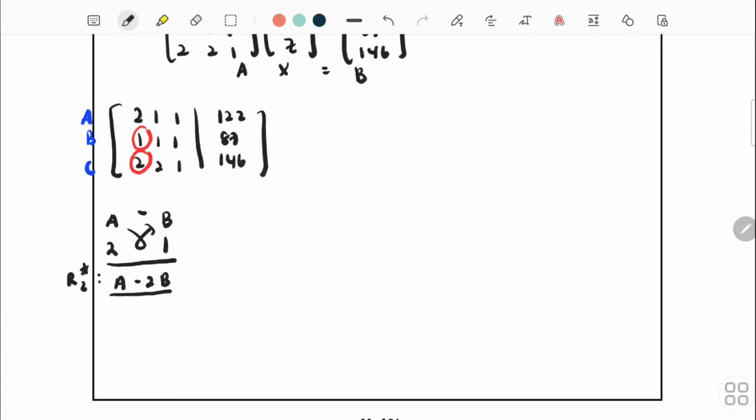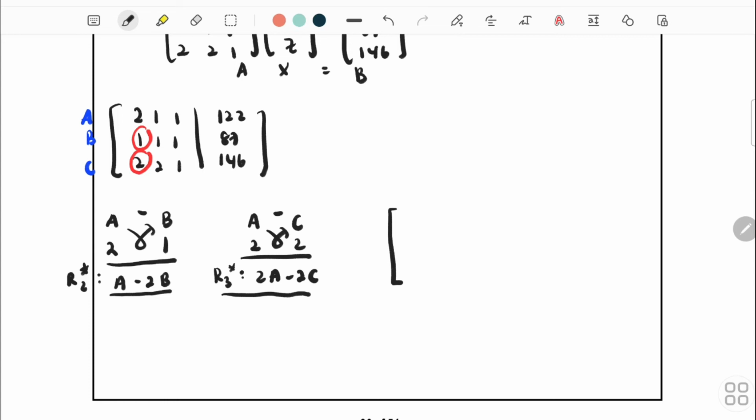Then to change the third row, we use A and C. A is 2, C is 2. Just repeat the same process, so we get 2A minus 2C. That will give you the new R3.